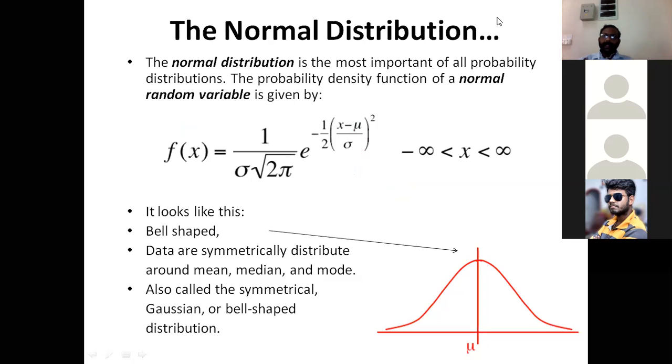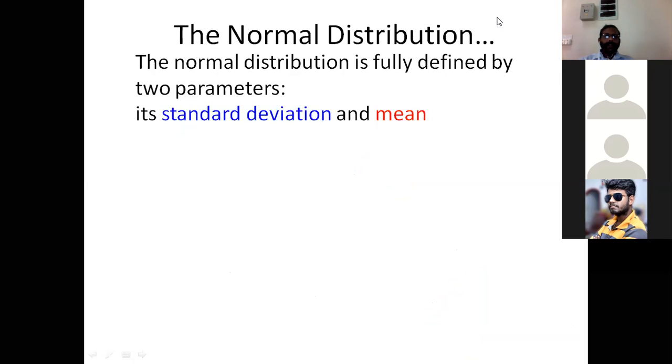What are the two parameters in the binomial distribution? Can you remember? We said a random variable x is distributed binomially.